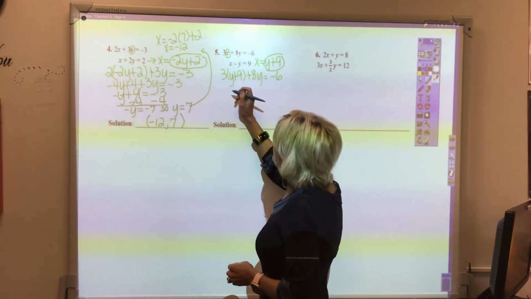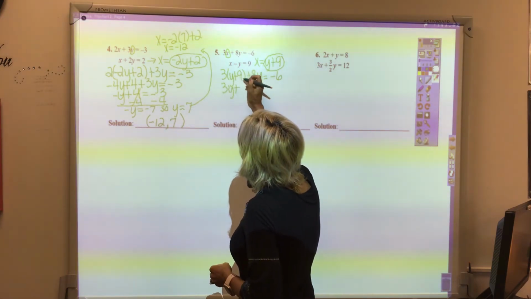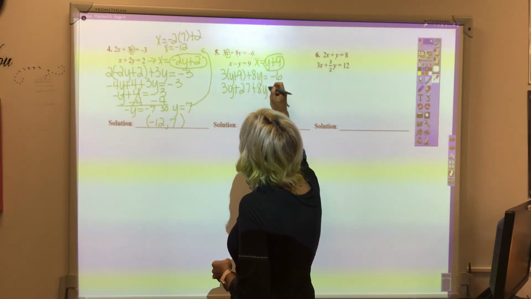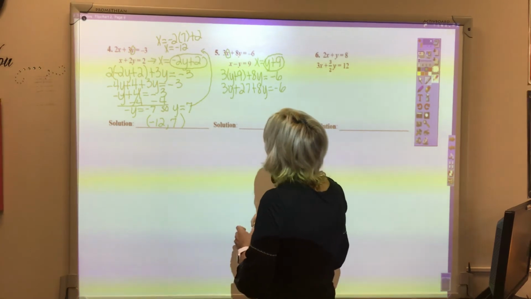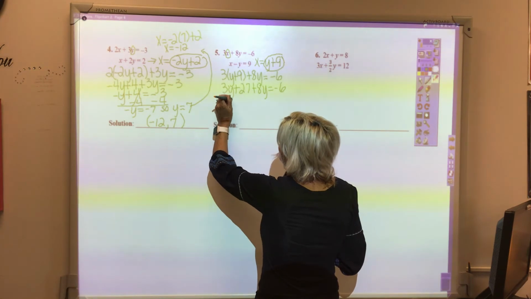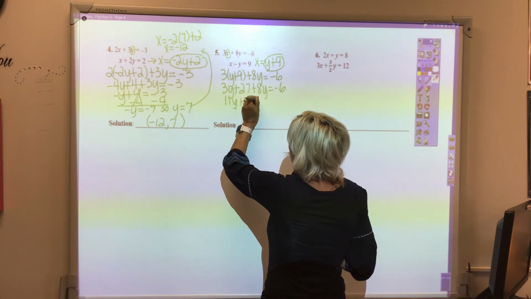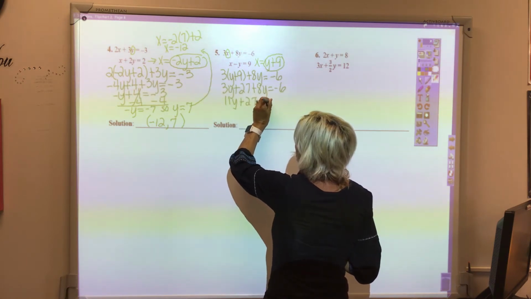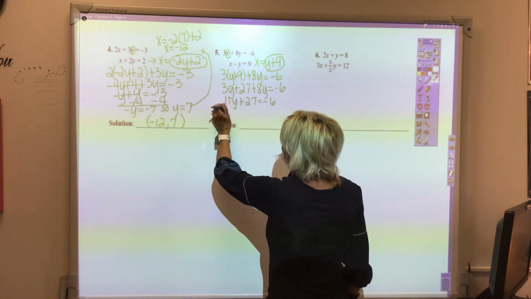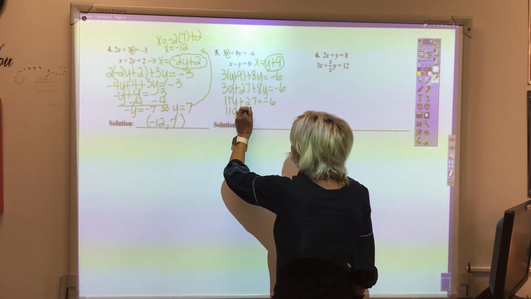I'm going to distribute through, so 3 times y would be 3y, plus 3 times 9 is 27, plus 8y equals negative 6. Combine my 3y and my 8y, so I'll have 11y plus 27 equals negative 6. Subtract 27 from both sides, which gives me 11y equals negative 33.